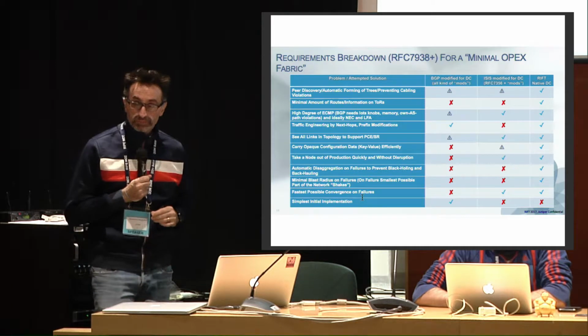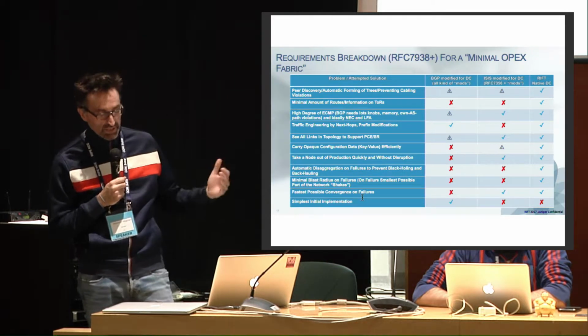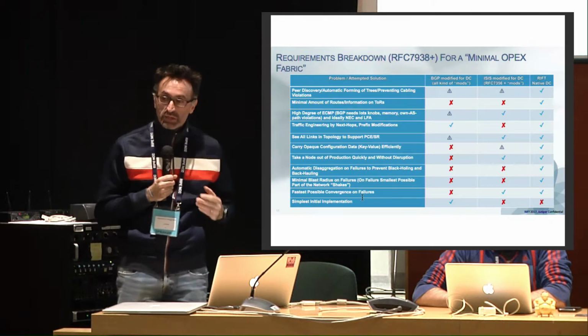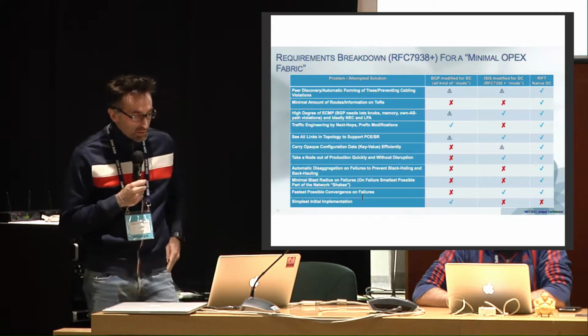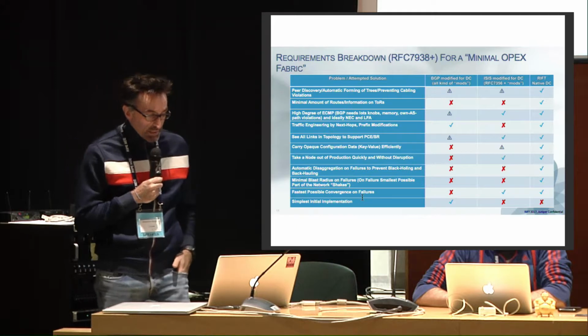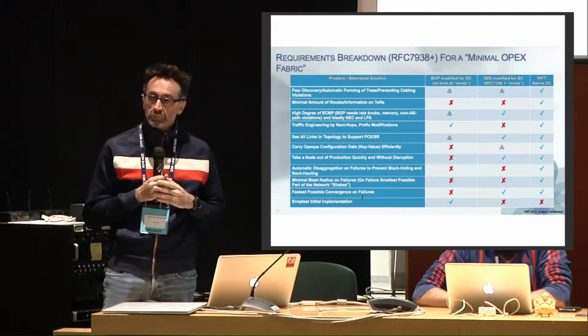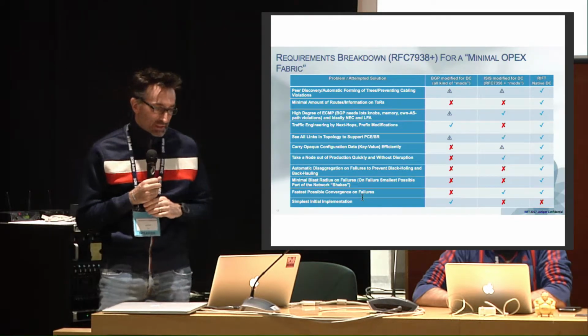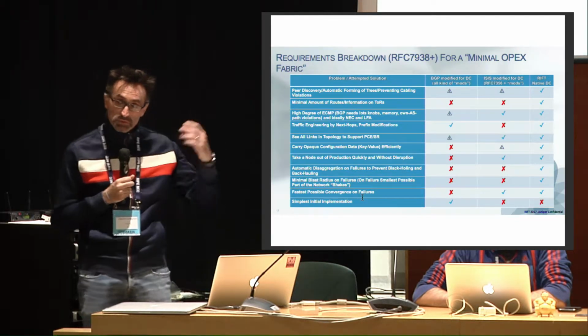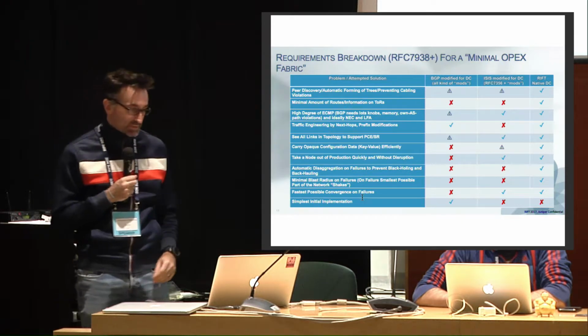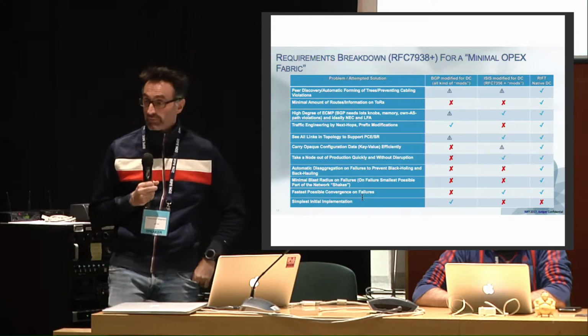Why not? This case is very easy to do with BGP. It's not easy to do with ISIS. Then we want to be able to support other upcoming technologies like path computation elements, so routing based on an external controller, for instance, or segment routing.